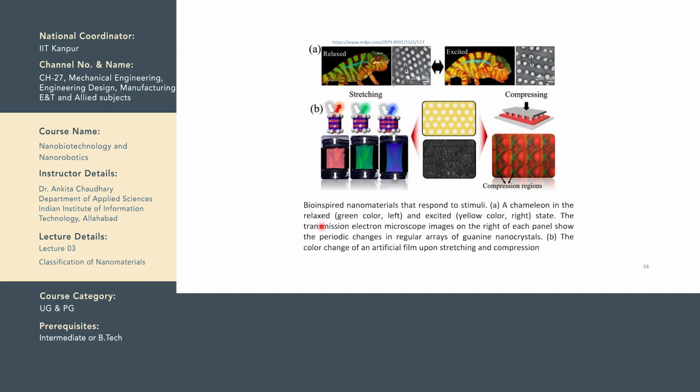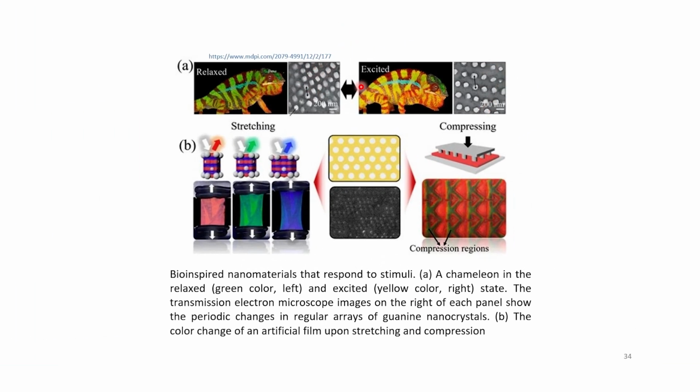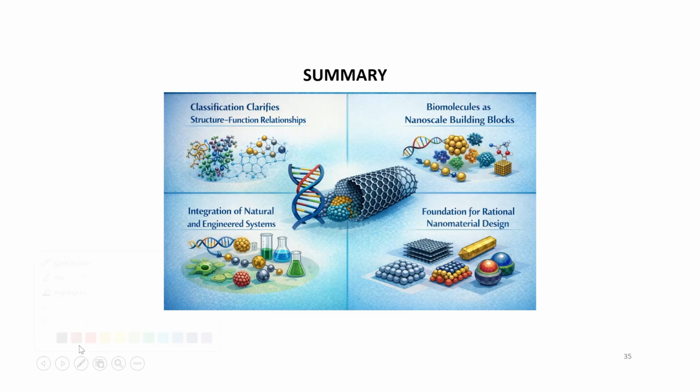So, a chameleon in the relaxed state, which is green color on the left and yellow color in the excited state. These are the transmission electron microscopy images of the guanine nanocrystals that these have, and the spacing between them, as you can see.